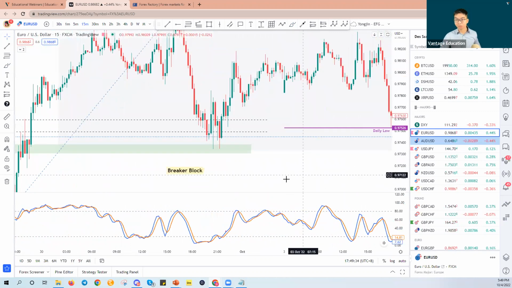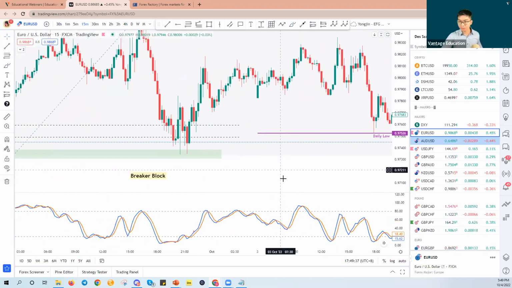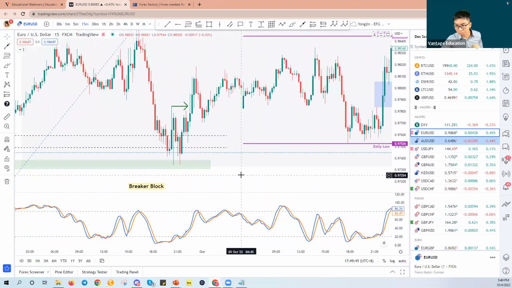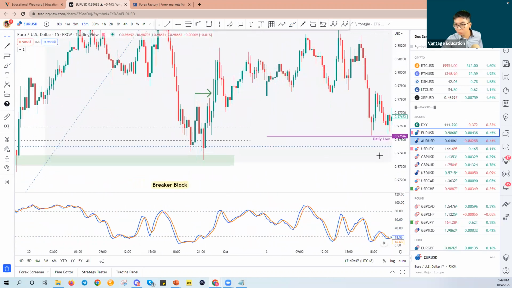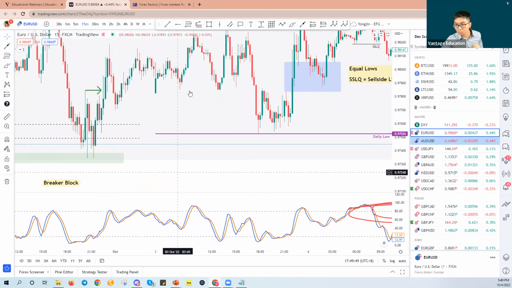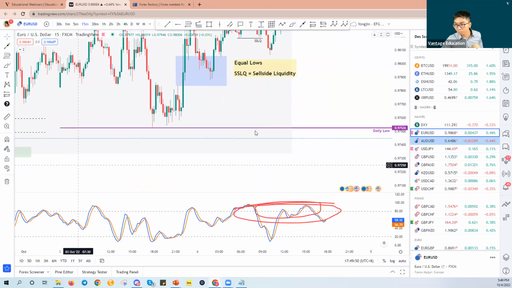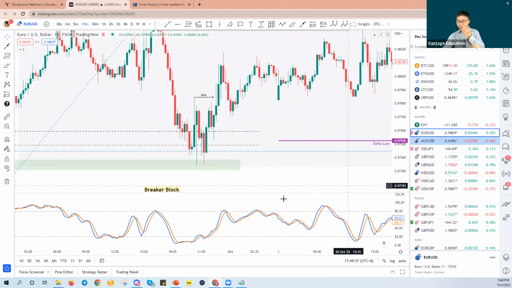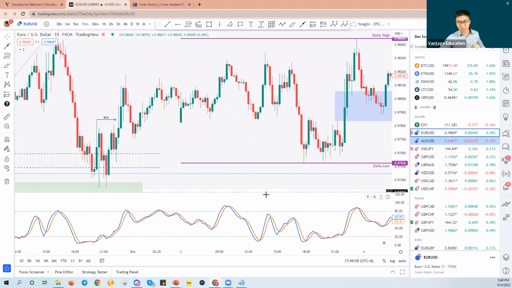What I like to see is break of market structure. I'll use this arrow. BMS means break of market structure.